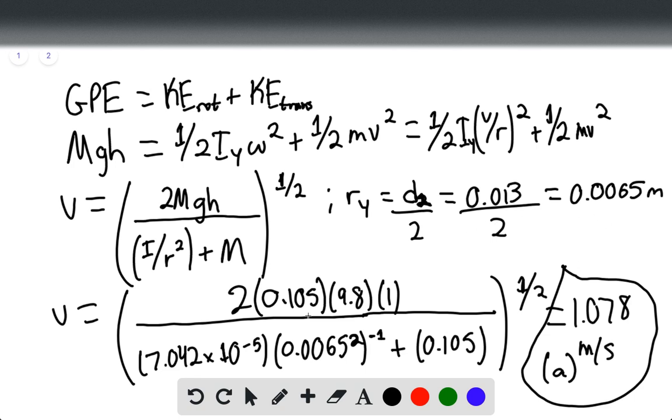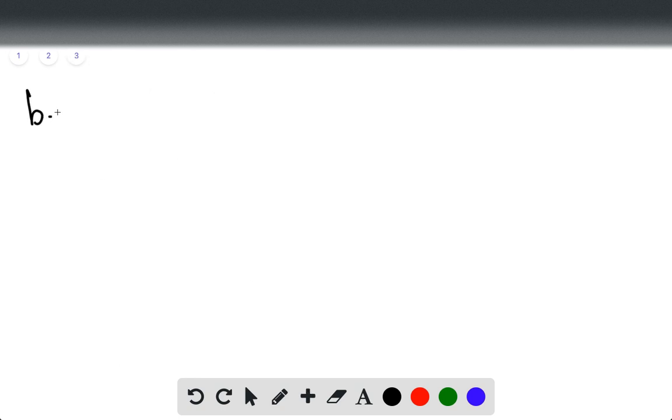And so we can get a new workbook here. B is asking us for the ratio of the rotational kinetic energy versus the total energy. This is going to be 1/2 I omega squared, as of course is the formula for rotational kinetic energy.